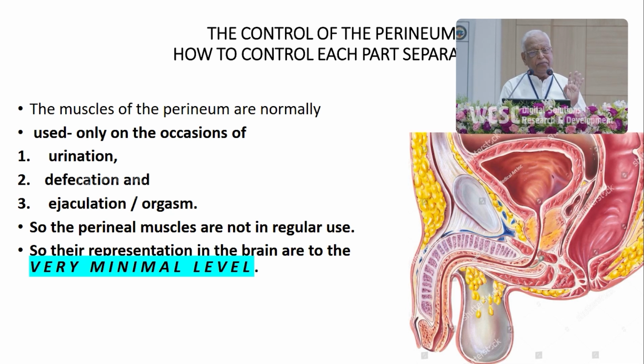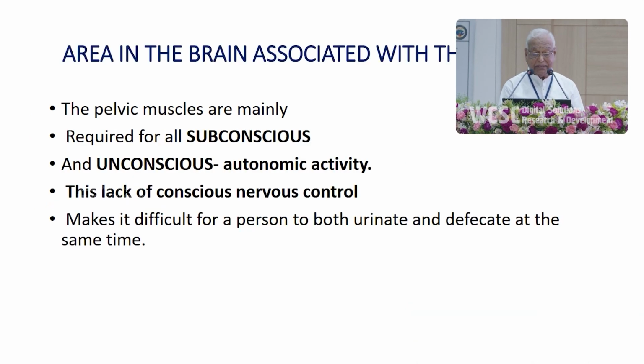We never give any importance to the perineal area at all. That is why the perineum is not properly represented in the brain. Usually all parts of our body are represented in the brain, but this perineal area is not properly represented. So all our activities belong to subconscious and unconscious activity.